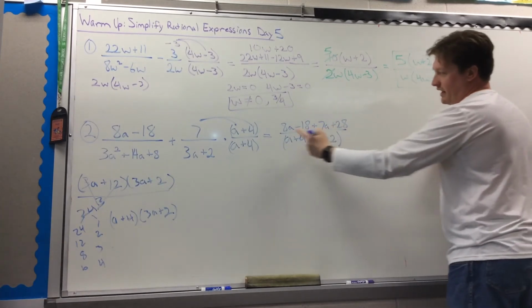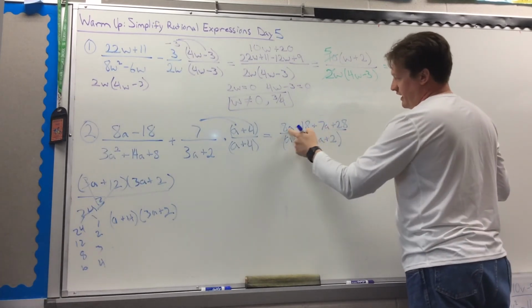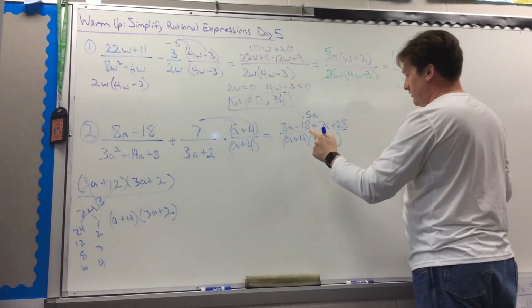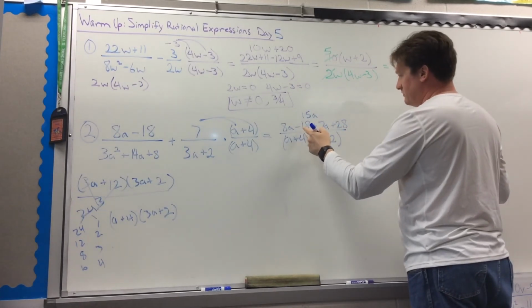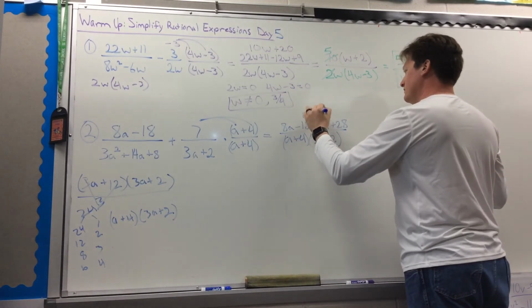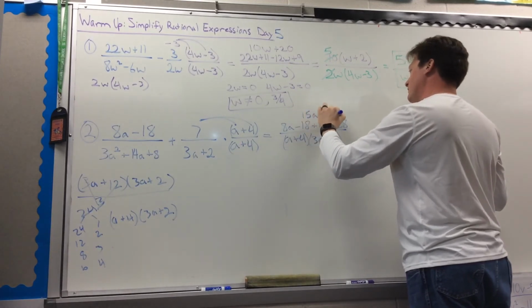I'm going to combine like terms here. 8 and 7 is 15a. And then I've got 28 minus 18, and that's going to give me 10.